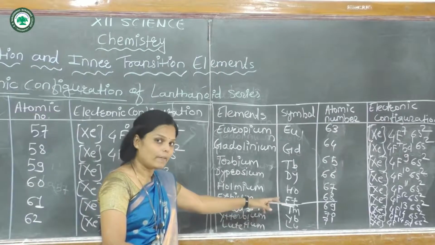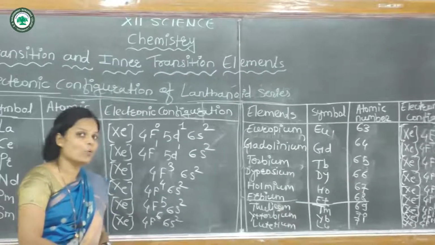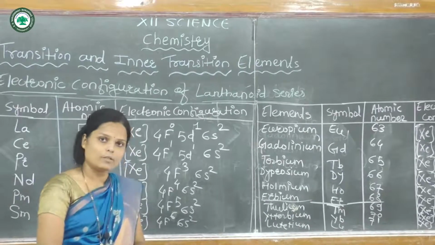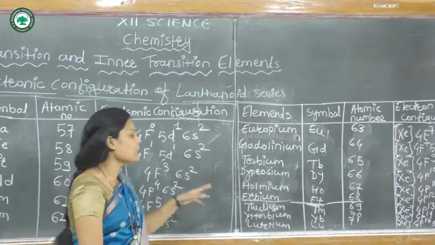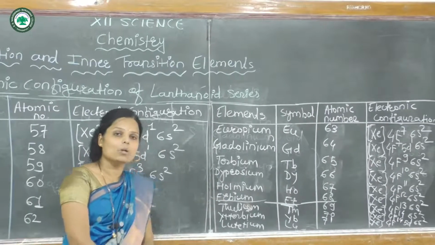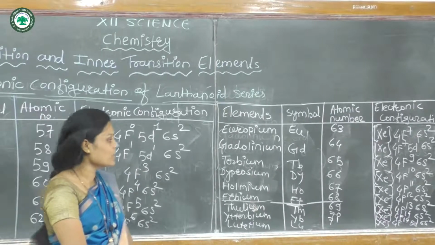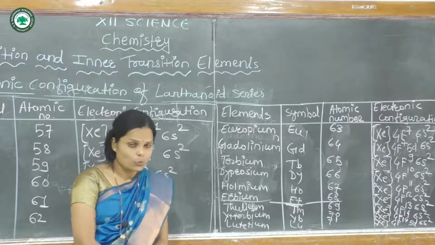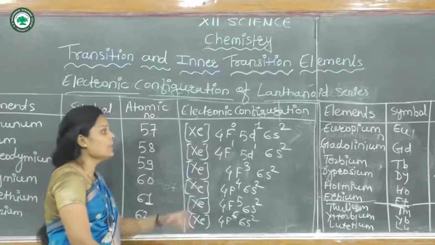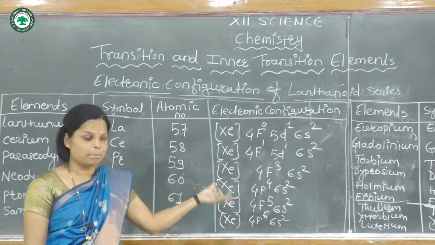Atomic number is 70. Electronic configuration of ytterbium is 4f14 and 6s2. Then the last element of this series, lutetium. Its atomic number is 71. Electronic configuration is 4f14, 5d1 and 6s2. In this series, the electronic configurations are completed.